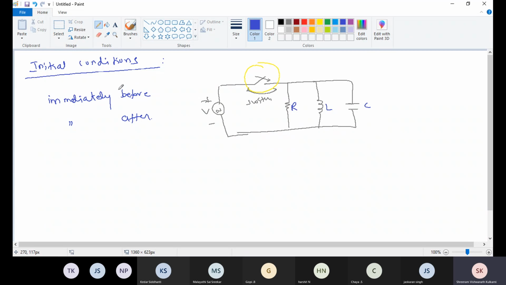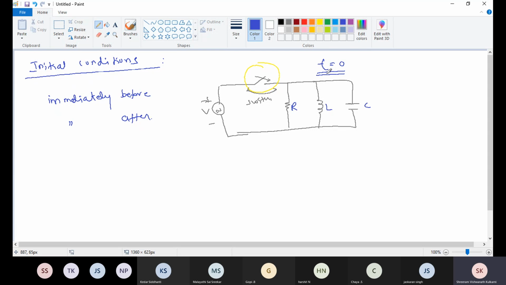It means this switch is closed, we are going to assume the switch closes at t equal to 0 seconds. Now I am going to assign some signs.